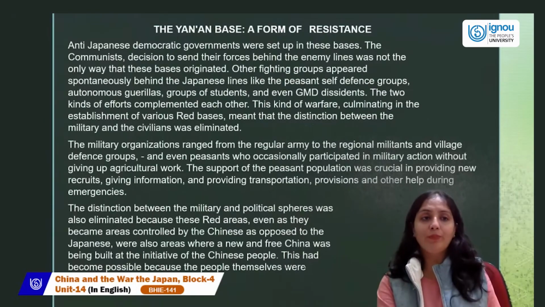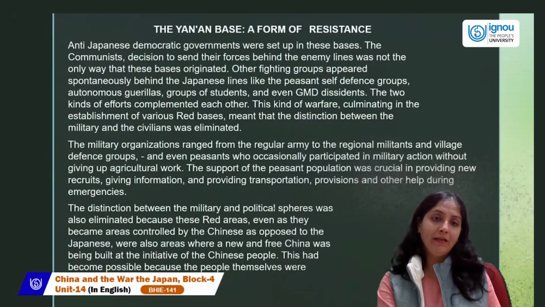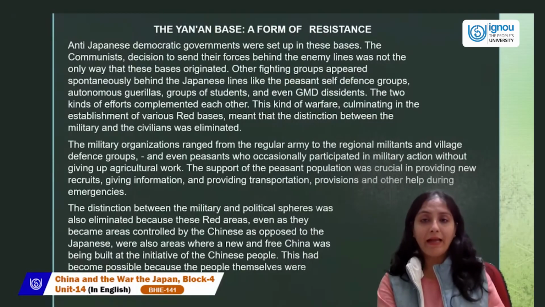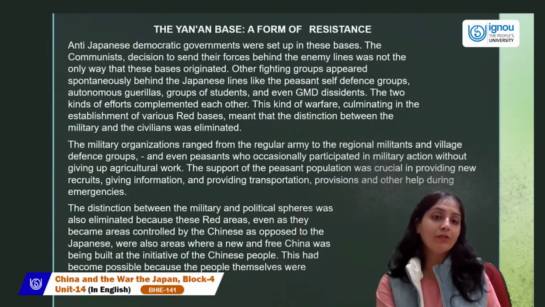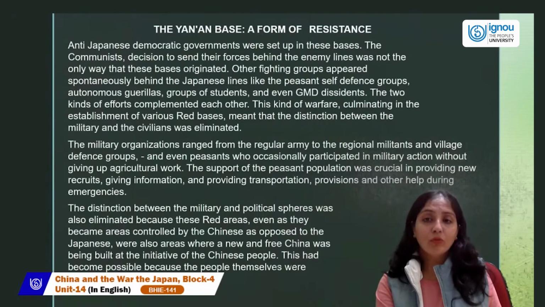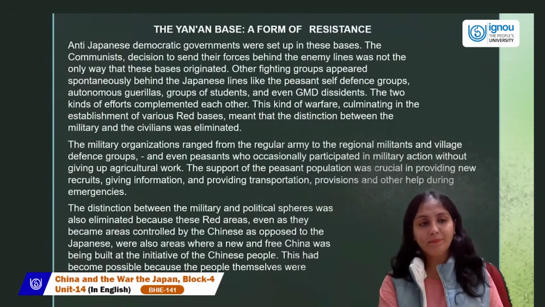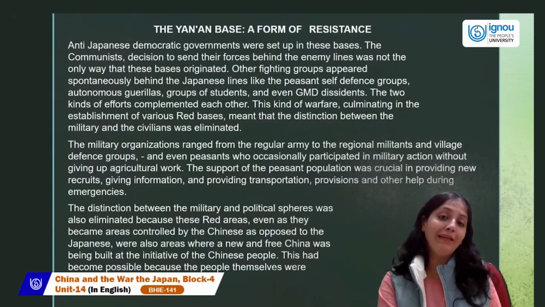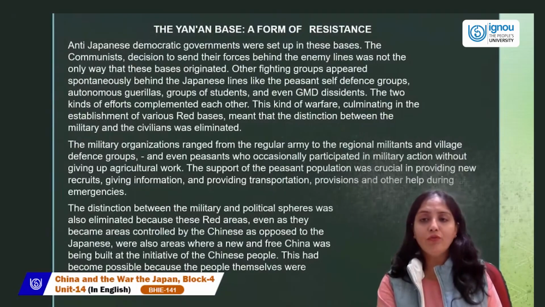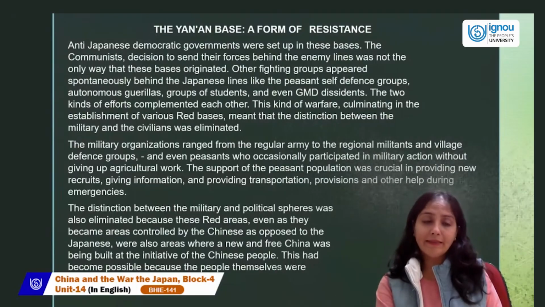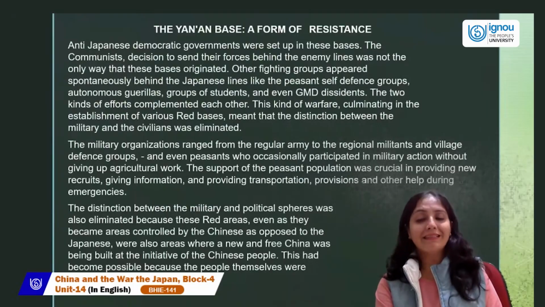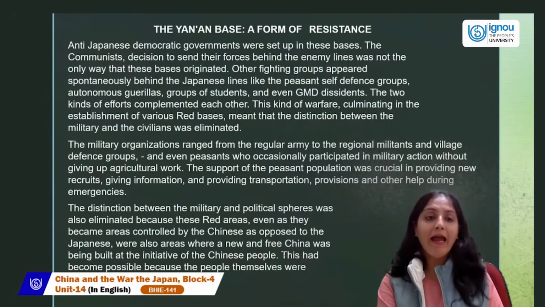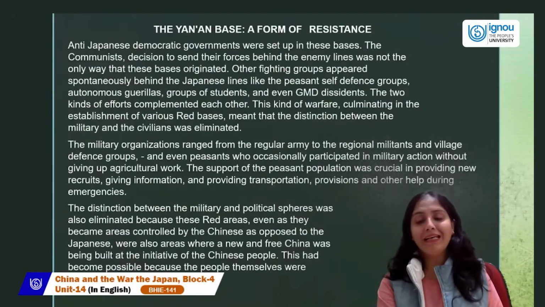Other fighting groups appeared spontaneously behind the Japanese lines, like peasant self-defense groups, autonomous guerrillas, groups of students, and even Kuomintang dissidents. The two kinds of efforts complemented each other. This kind of warfare, culminating in the establishment of red bases, meant that the distinction between the military and civilians was eliminated.